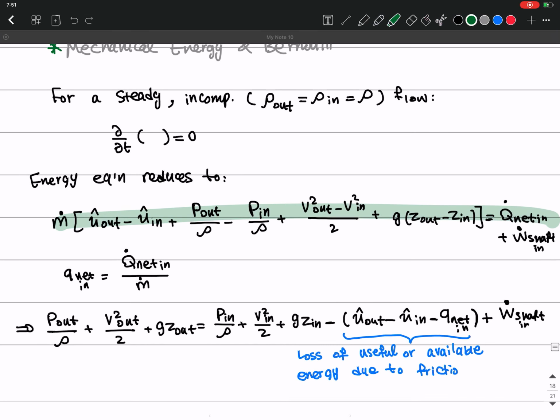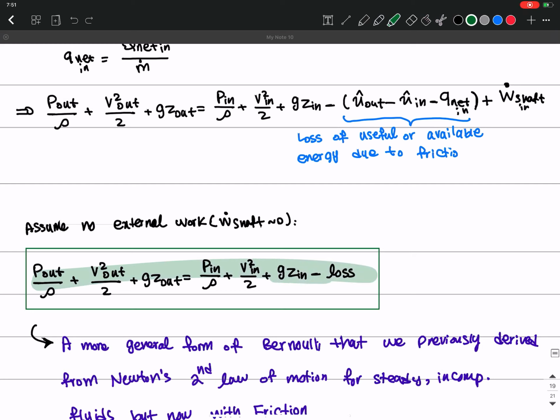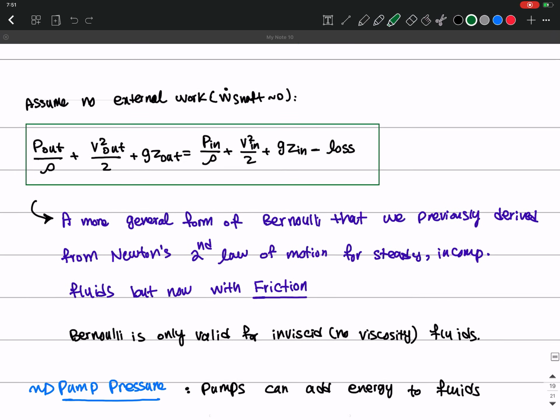Then we rearrange the terms, and finally we get to this equation, which shows, without external work, but we can also add that, a modified, general form of the Bernoulli equation, which we actually call the energy equation, which also has the last term due to frictional forces.